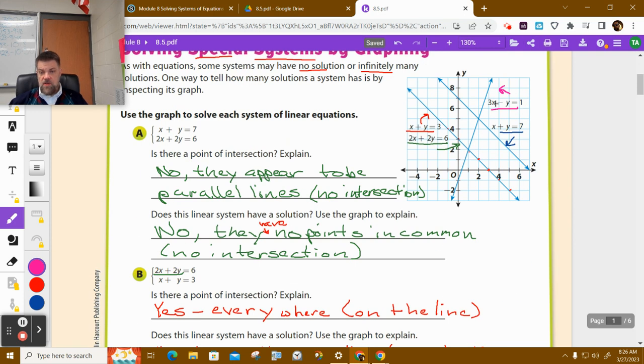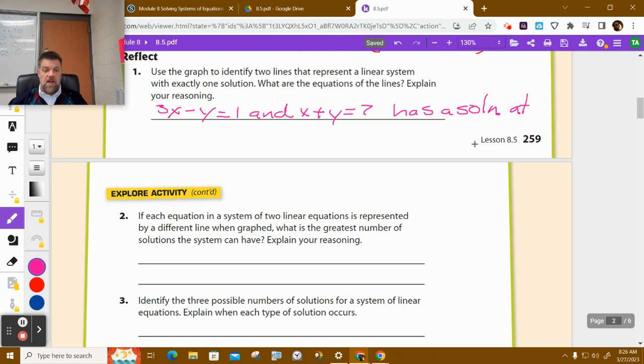Where does it look like it crosses? Right here, 2, 5. At 2, 5, or you could think of it like this: x equals 2, y equals 5.